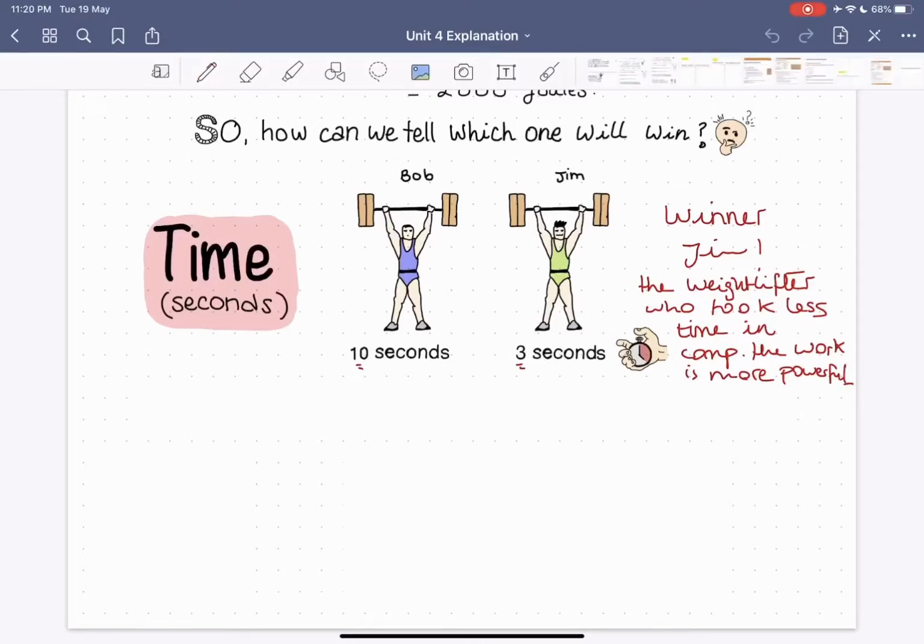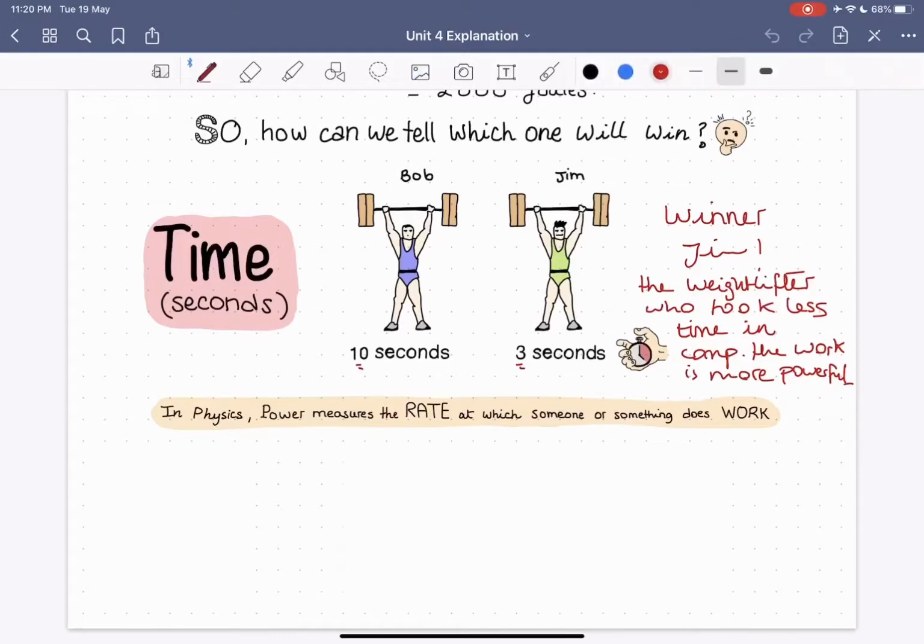Okay, so this should make us jump to the definition of power, because in physics, power is the measure of the rate, the time at which someone or something does the work. So you can see how the three variables here are power, time, and work.